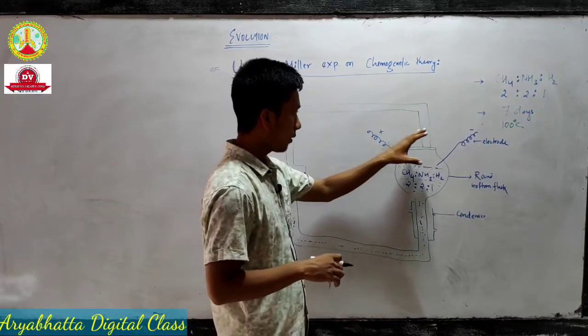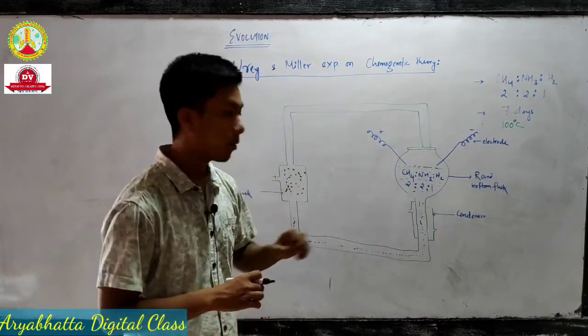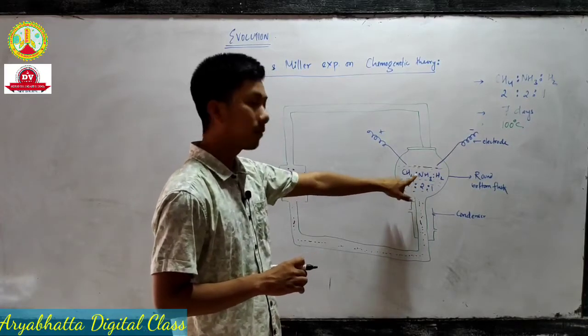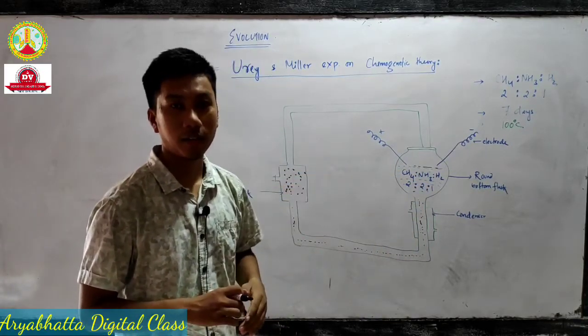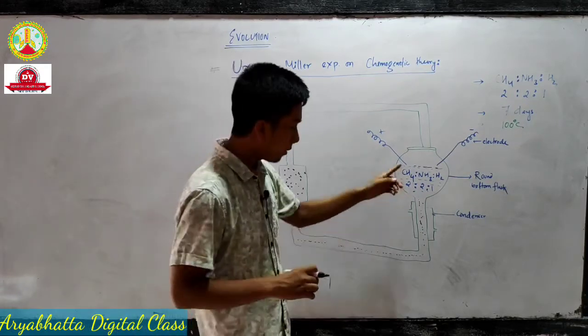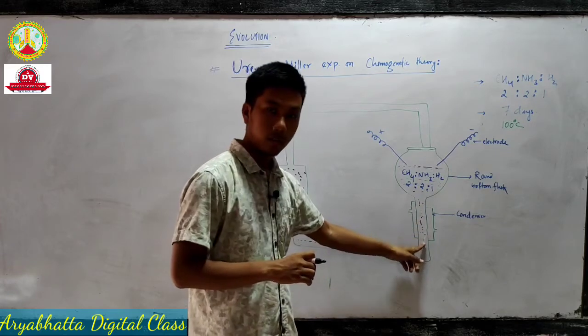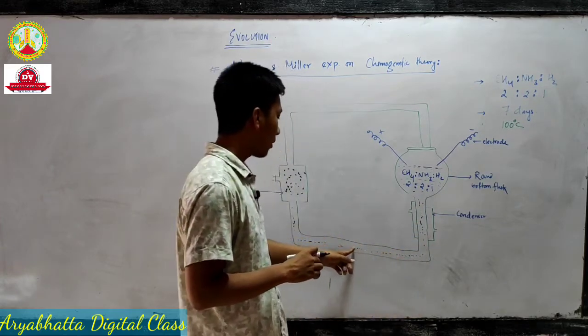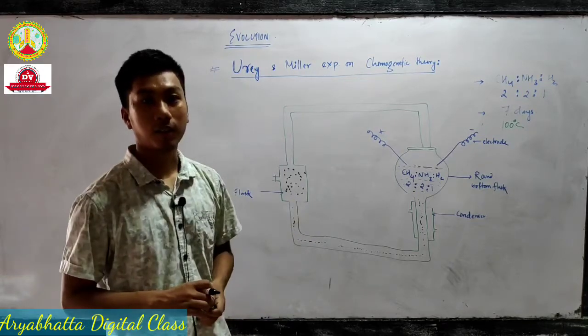After giving an electric charge, the reaction occurs with the chemicals in the presence of light. Electrons represent light, okay, energy. So after the reaction, all these gases come through the tube and reach the other flask.